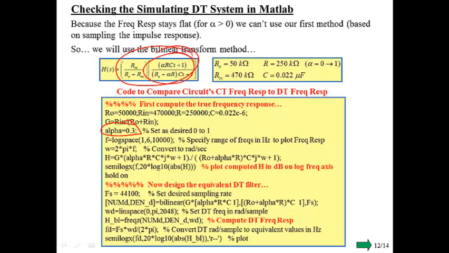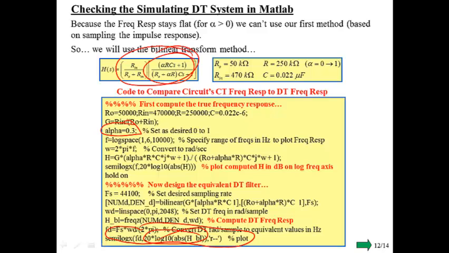So WD ranges from 0 to pi. Then I divide by 2 pi and multiply by fs. That converts the point pi into fs over 2, which is our standard equivalence. Fs over 2 maps to pi. And then I plot it on a semi-log axis with decibels.